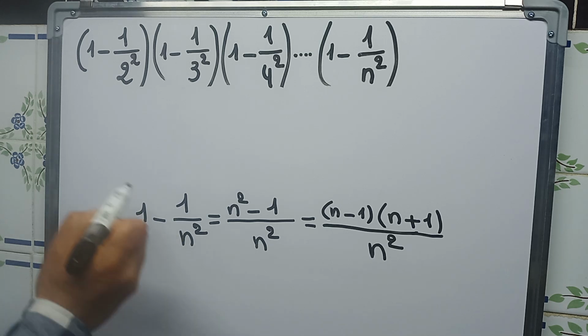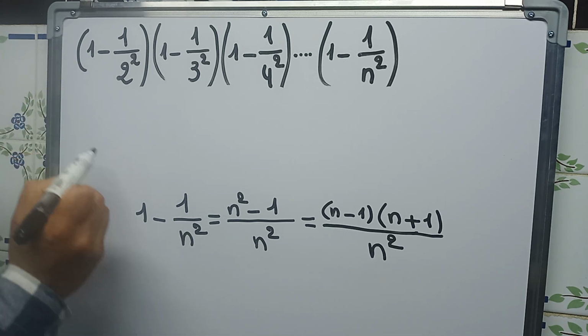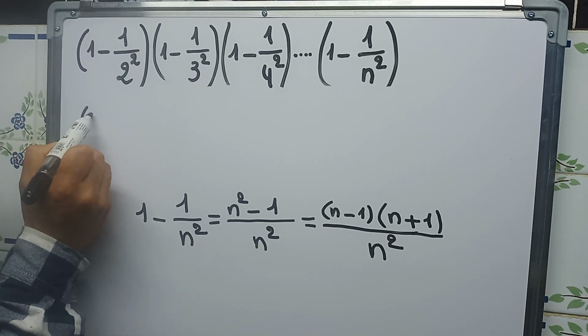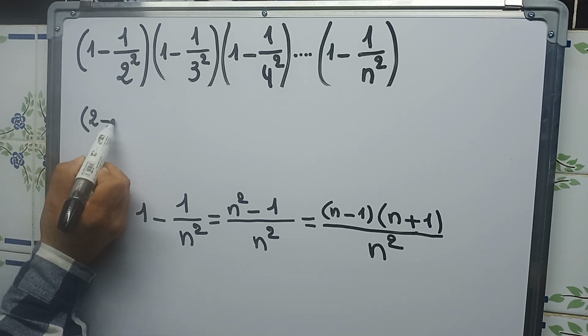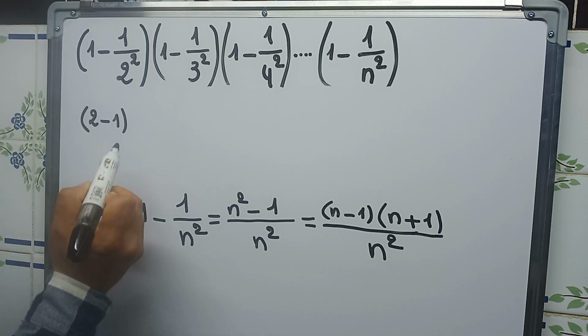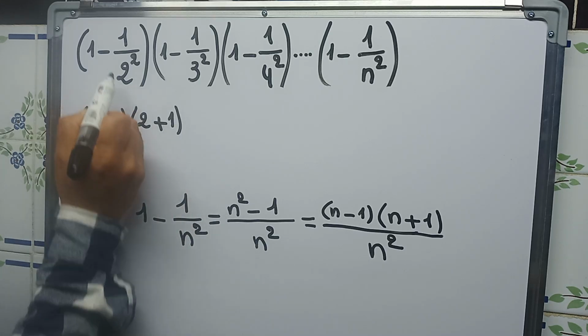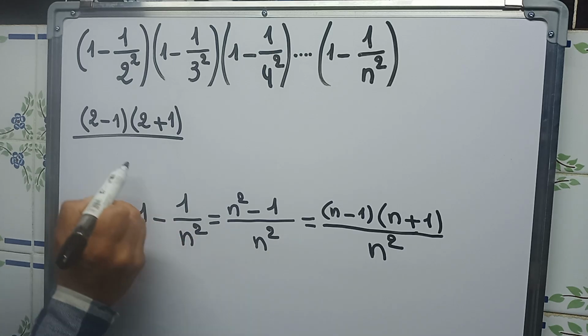So here our product will be equal to, with n equals 2, 2 minus 1 times 2 plus 1, the first term, over 2 squared.